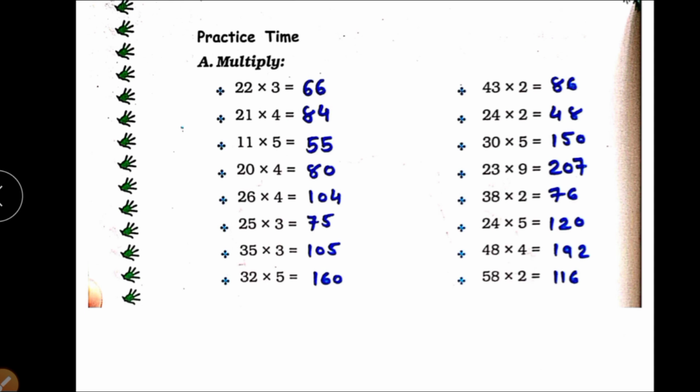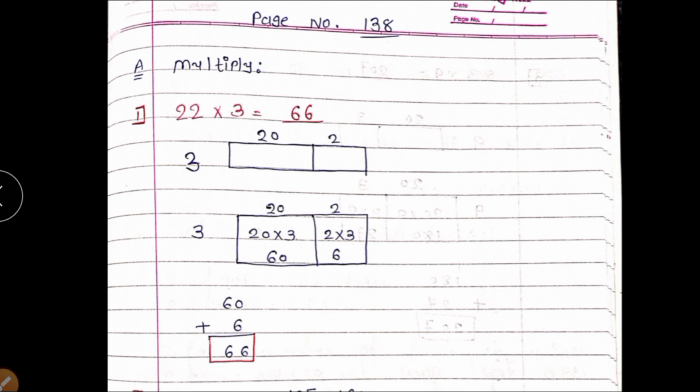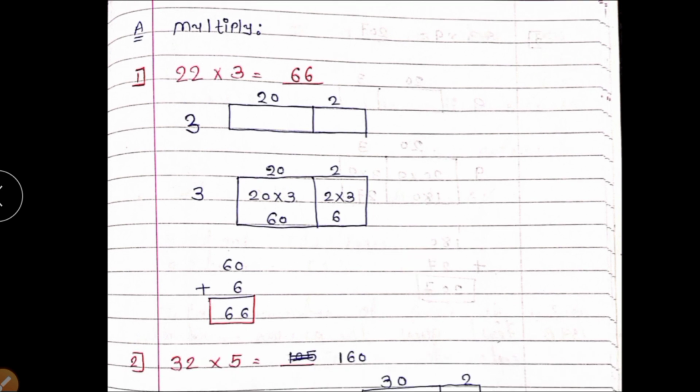First, see the first sum, 22 multiplied by 3. Okay, so you can write like this. First 22, we have to write the expanded form. So for 22, the expanded form is 20 and 2 and multiply by 3.